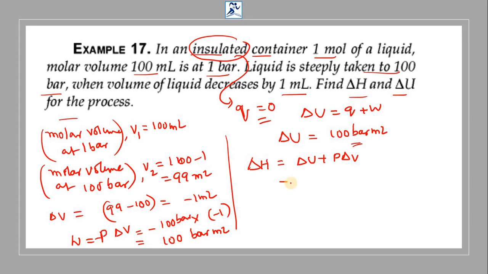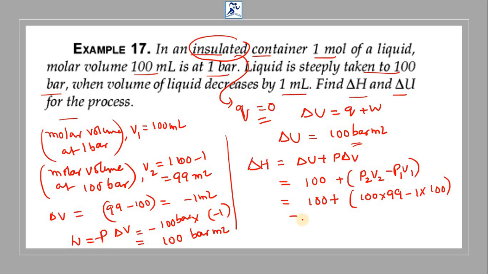In that, for delta U we have 100 bar ml, and the change in the pressure-volume term is P2 V2 minus P1 V1, where the final pressure is 100 bar and volume is 99, minus the initial pressure is 1 and volume is 100 ml.